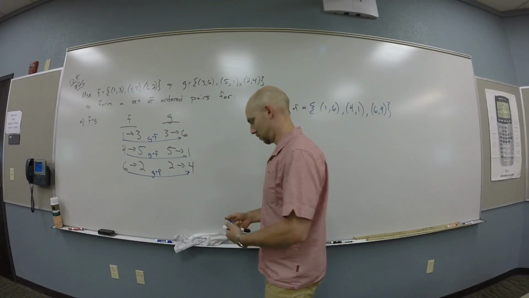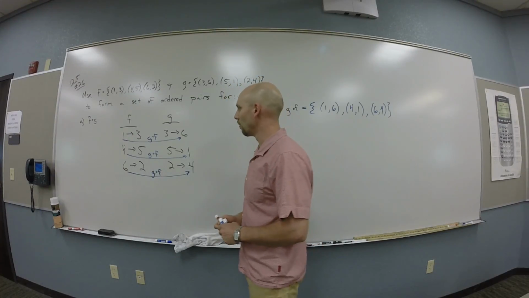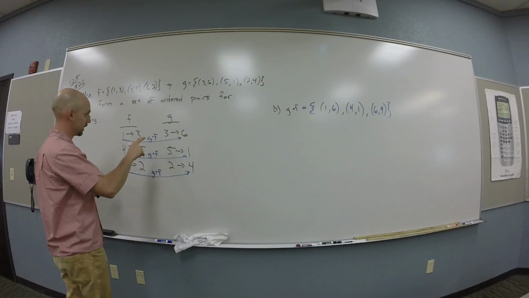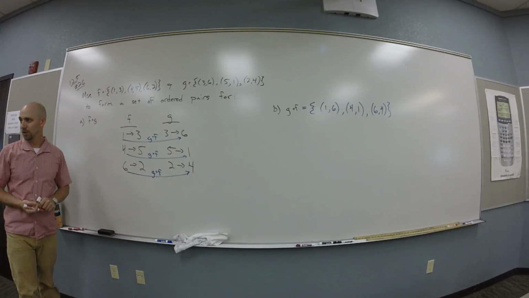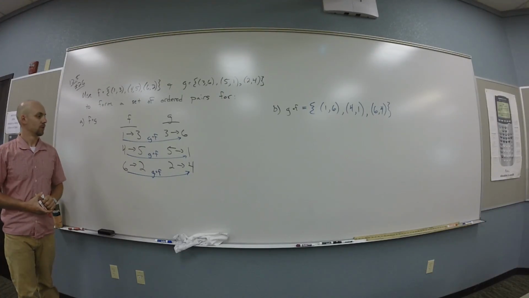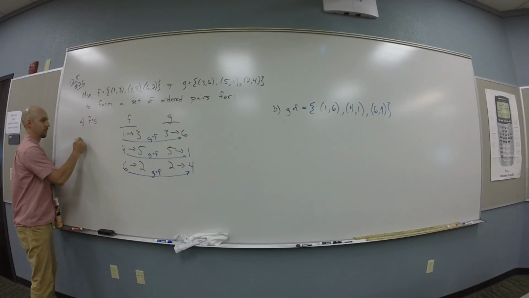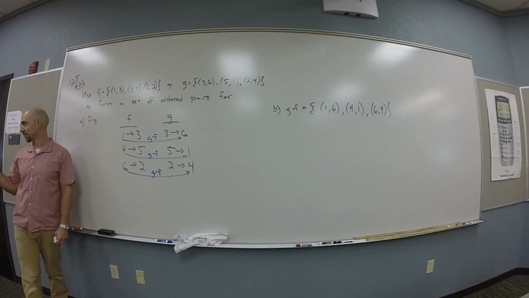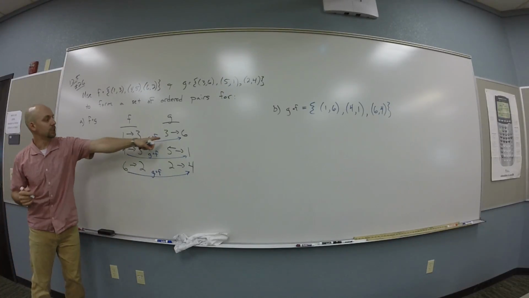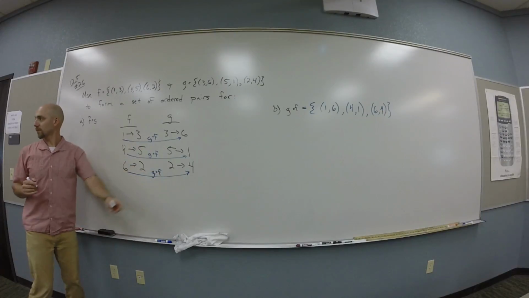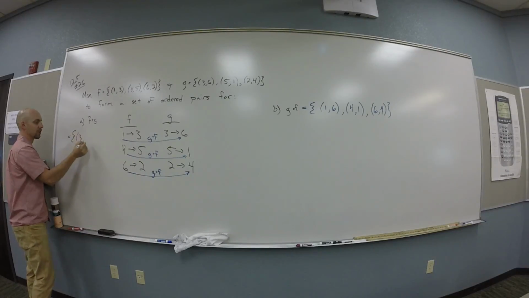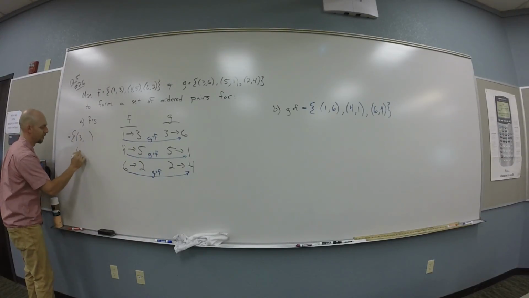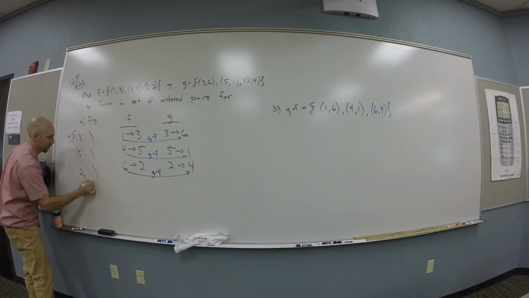Now, for F composed with G, which rule am I doing first? G. So it's not the inverse, that would be switching the order. G starts with 3, 5, and 2, so I know the points are going to start with 3, 5, and 2.